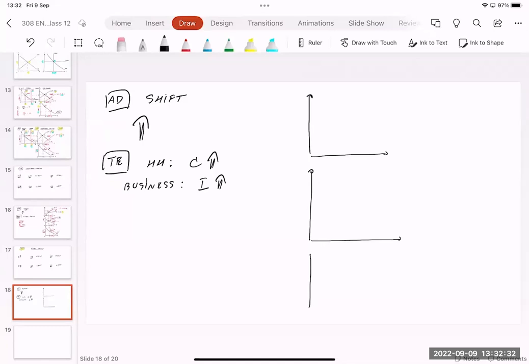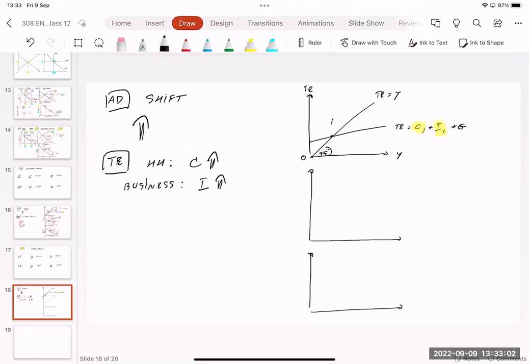Drawing three graphs like this. On top, this is the 45-degree curve. I have TE, I have Y. On every point on the 45-degree curve, TE equals Y. I have TE equal to C1 plus I1 plus G. This time I'm focusing on C and I, consumption and investment.